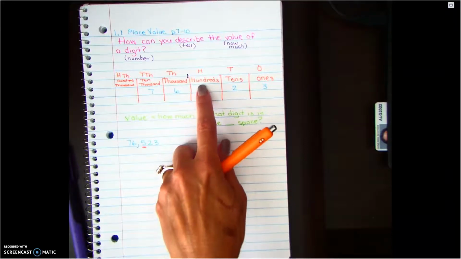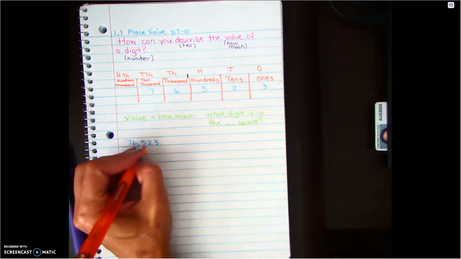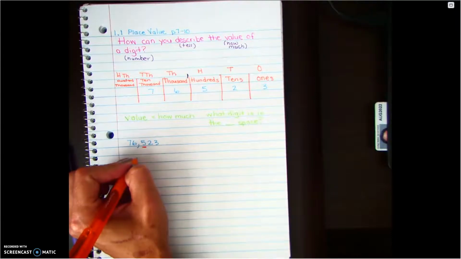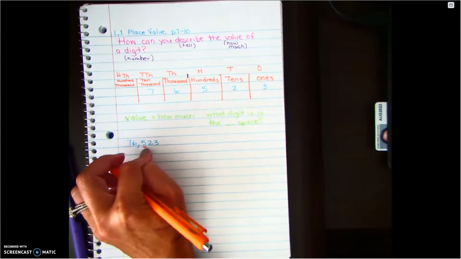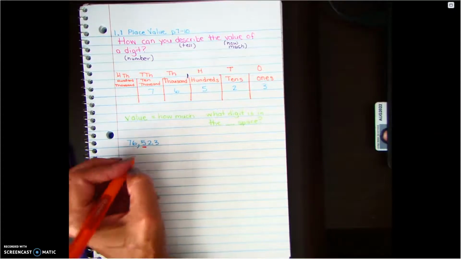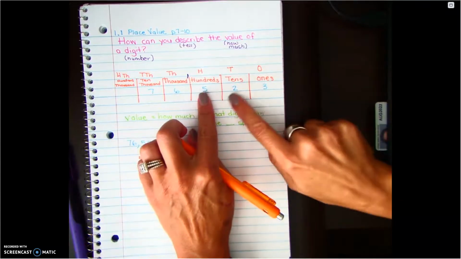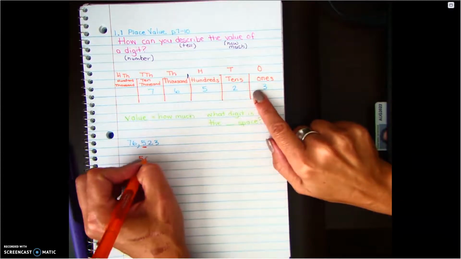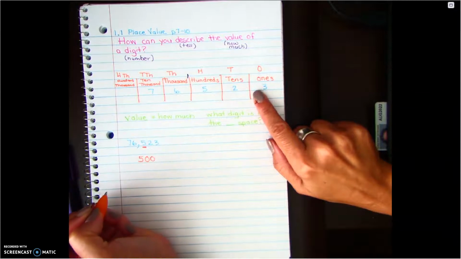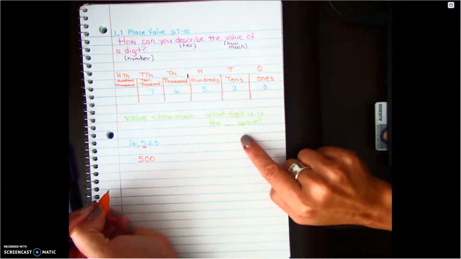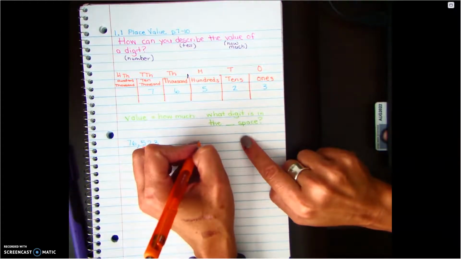So that's 500. So the value of the 5, I can't just put 5, and I don't want to put hundreds. I want to put 5, and then I change the rest to zeros. 500. All right, so now I'm going to set the question over here.